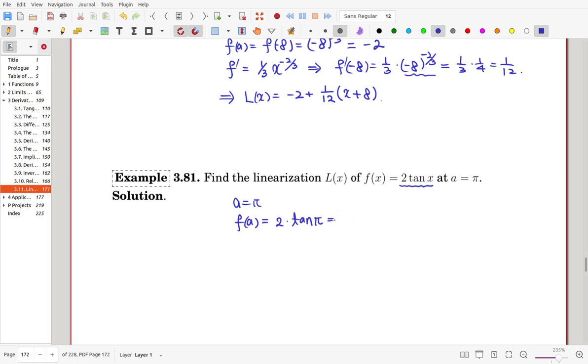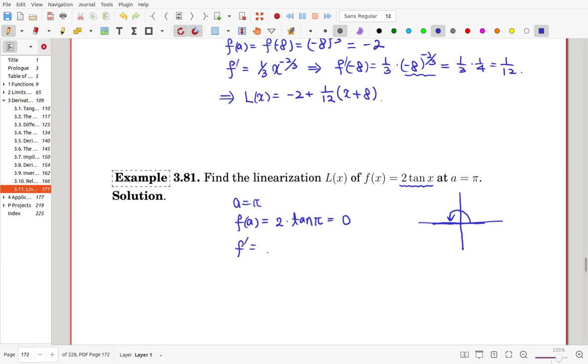Tangent pi is 0, we can easily see that. Tangent is slope, and at angle pi the slope is 0. Now how about the derivative?